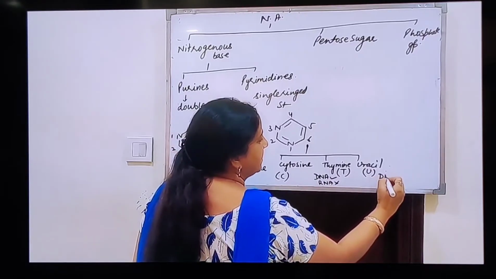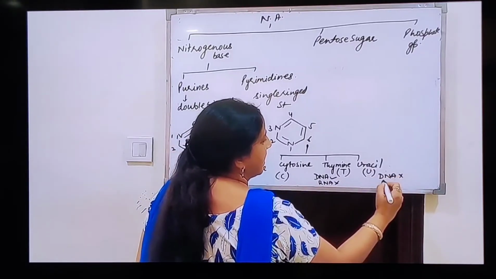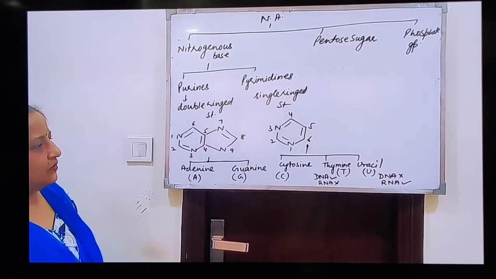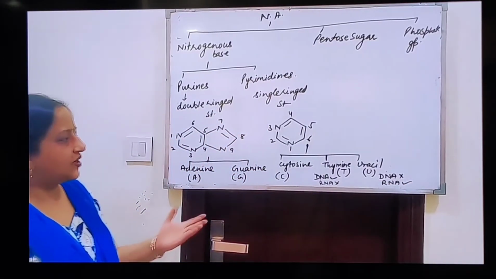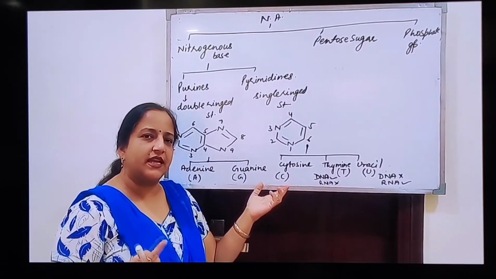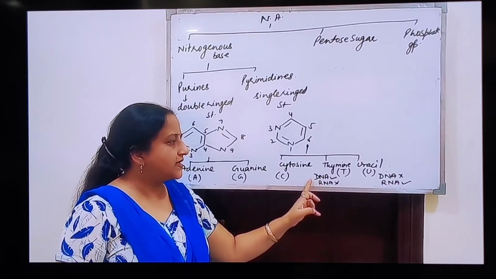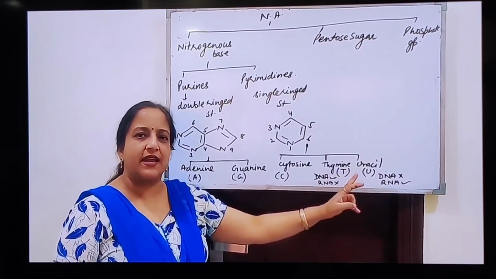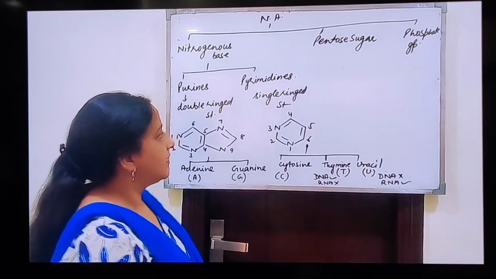Uracil is present in RNA and absent in DNA.